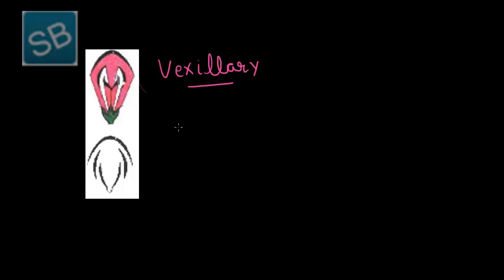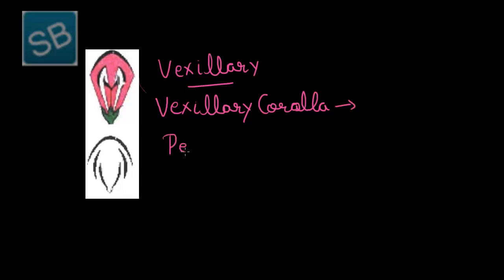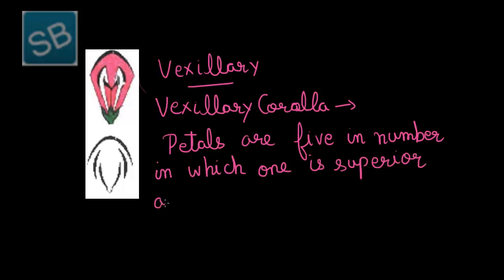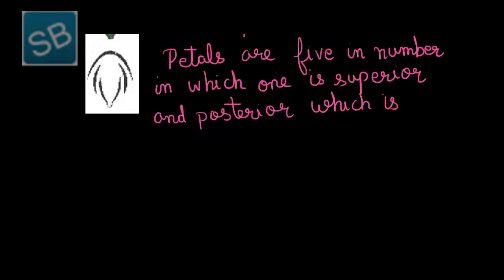Now this type of aestivation generally takes place in flowers having vexillary corolla, that is the flower in which petals are 5 in number, of which one is superior and posterior and largest out of all petals.